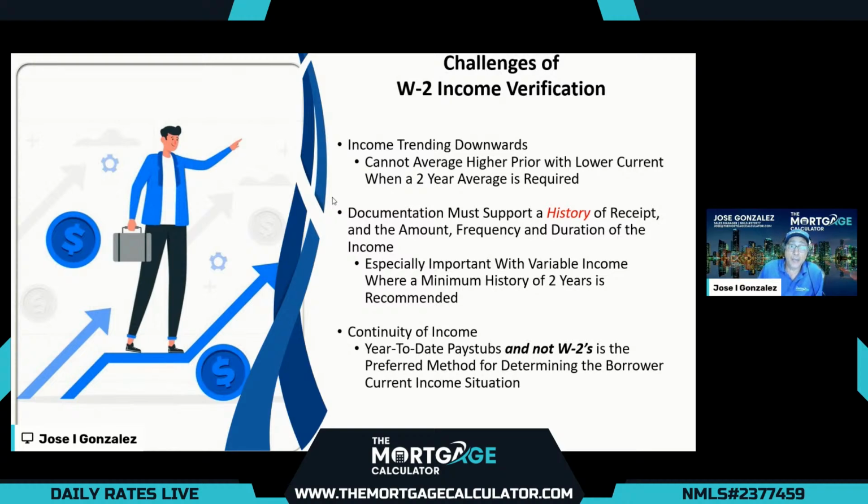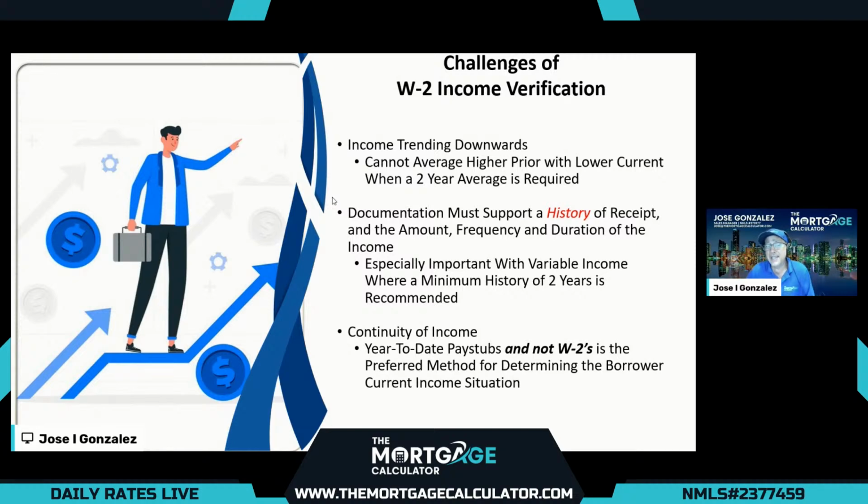And then we're talking about continuity of the income, right? Is it the same as last year? And this is why it's so important to use the year-to-date figures on the pay stubs and not the W-2s.